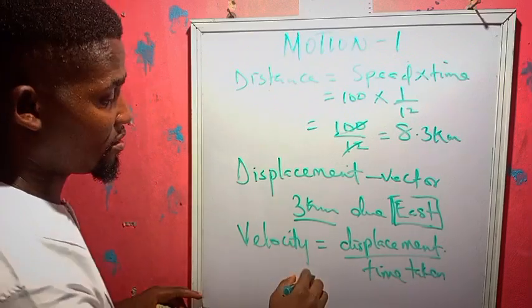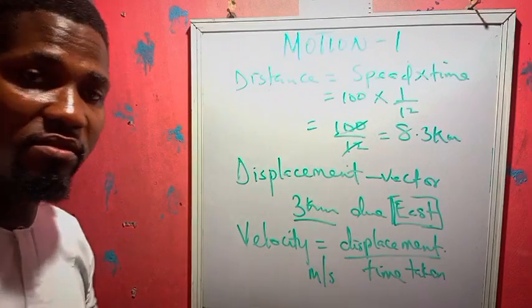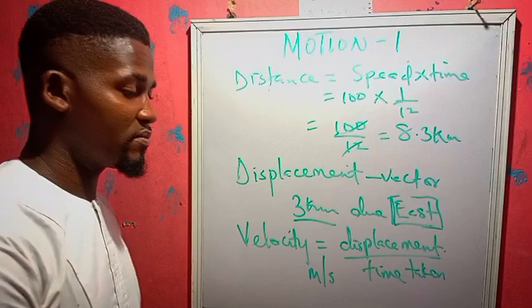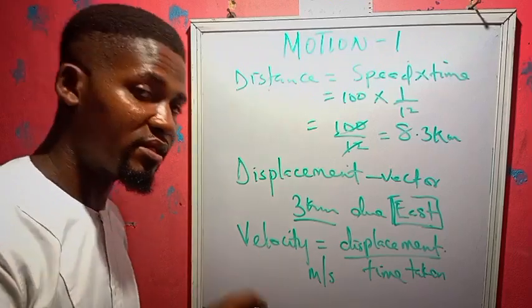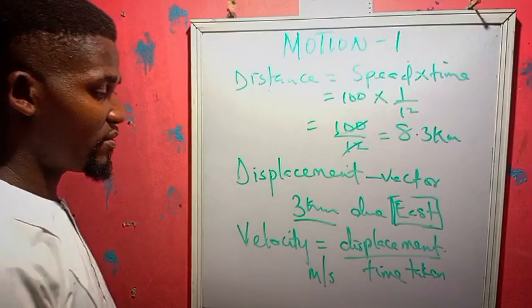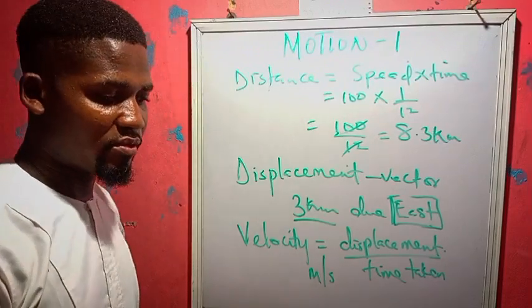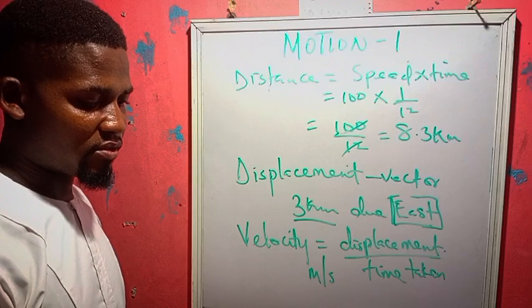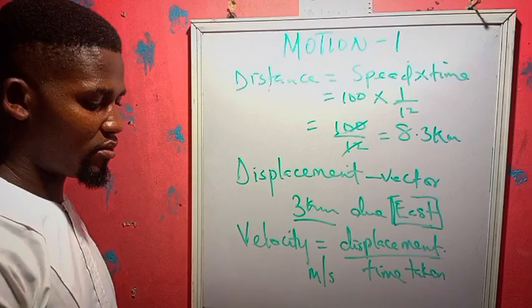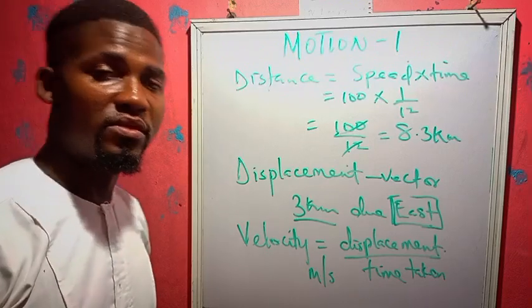It has the same unit as speed, because displacement is still the distance traveled, but now with direction. So velocity and displacement are both vector quantities, having meters per second as the unit. So we can solve questions on velocity just as we can solve using speed.